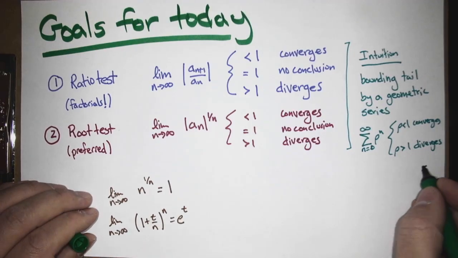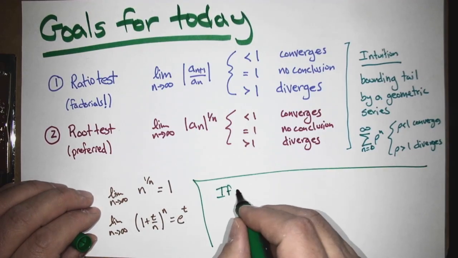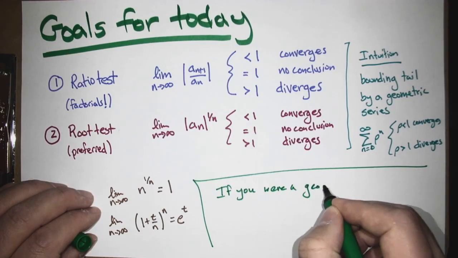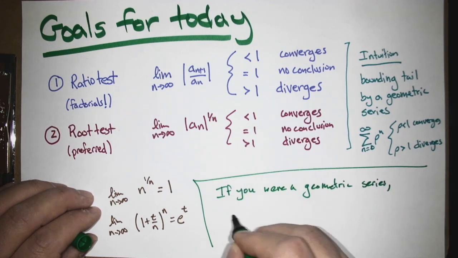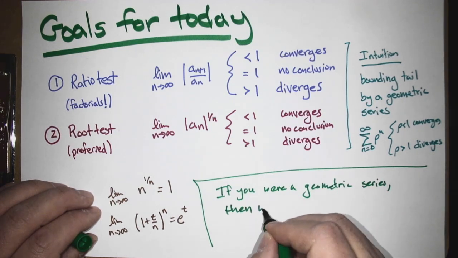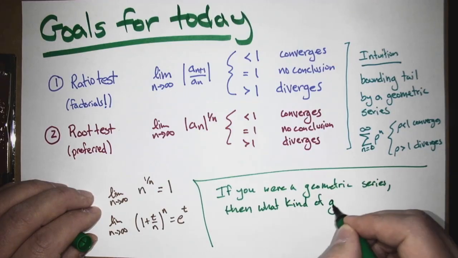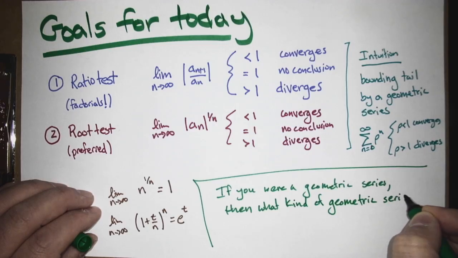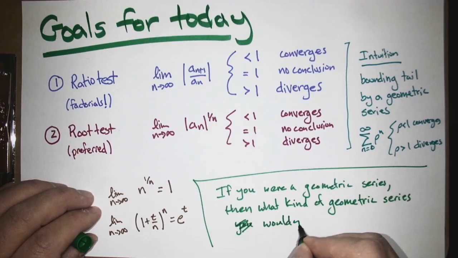There's an underlying philosophy that says, if you were a geometric series, then what kind of geometric series would you be? That's what we're asking. You probably have been in some situations before where people have asked, if you were a kitchen utensil, what kind of kitchen utensil would you be? And that's what we're going to do.